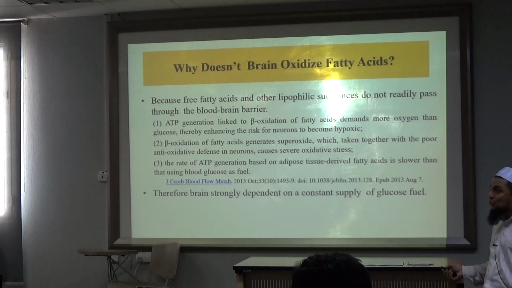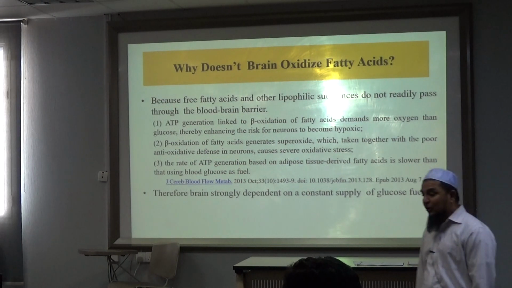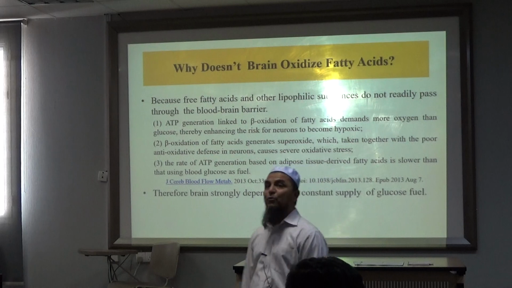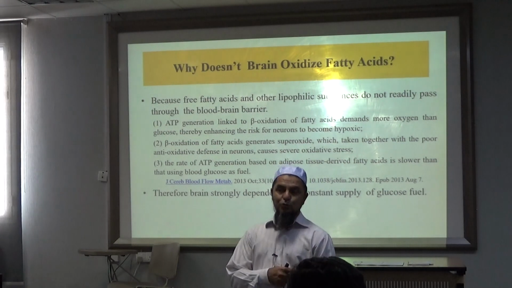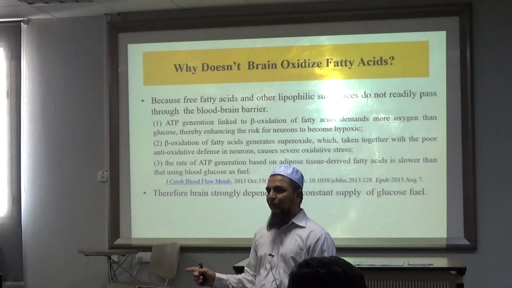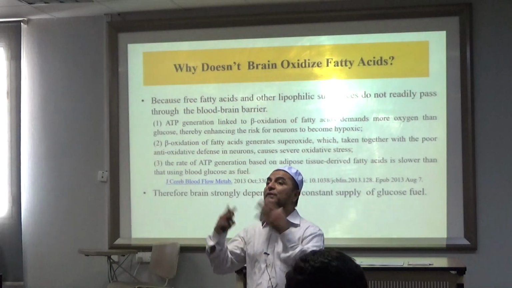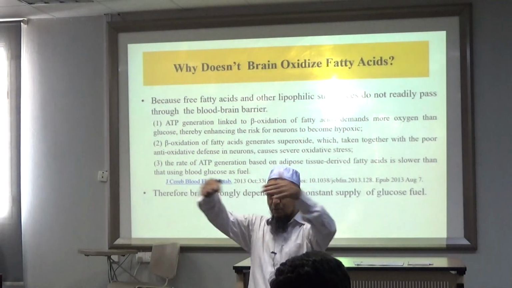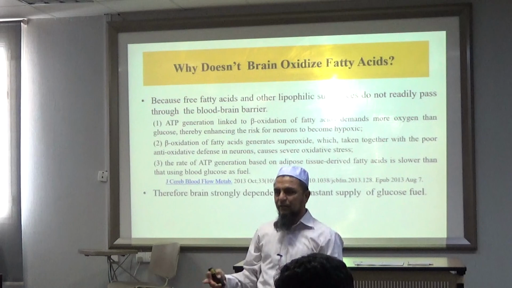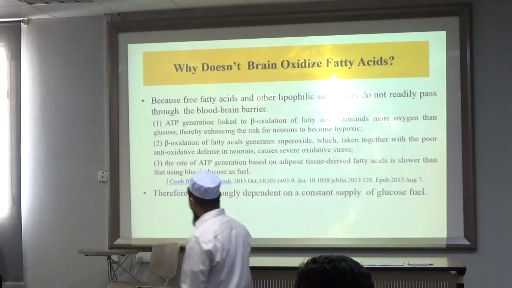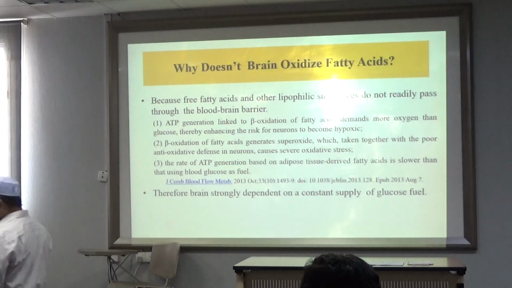So that's why it needs quick energy, and we know that quick energy is provided by glucose, not by fat. Fat gives you a high amount of energy, but after a long process, and glucose gives you quick energy.